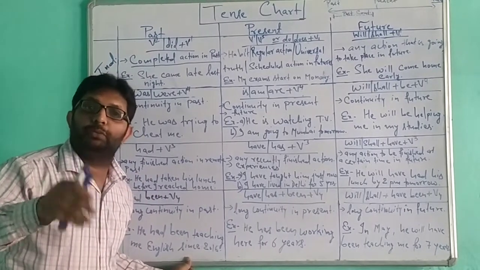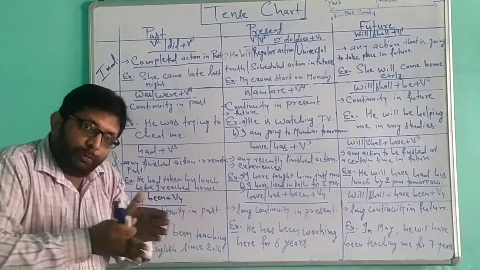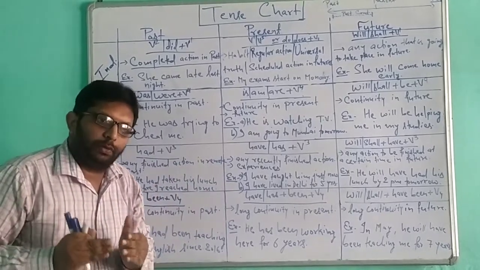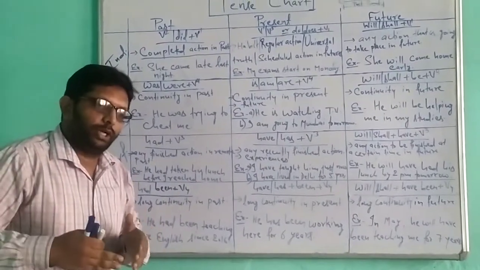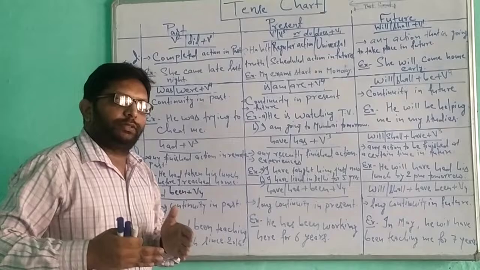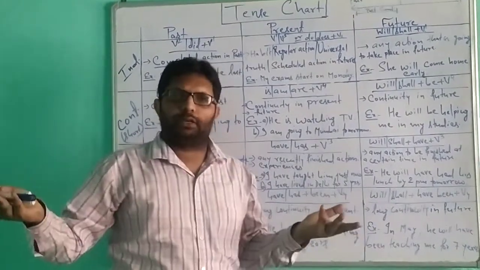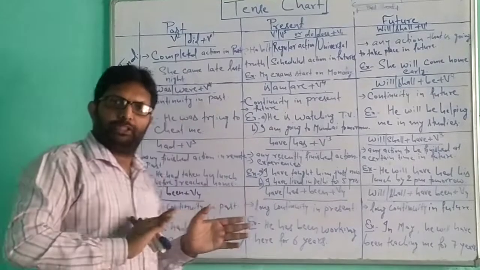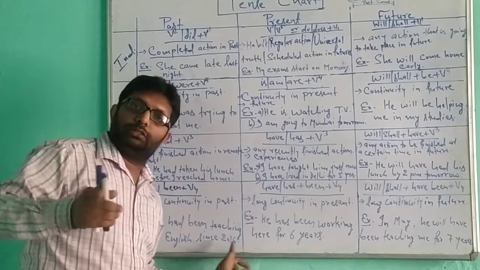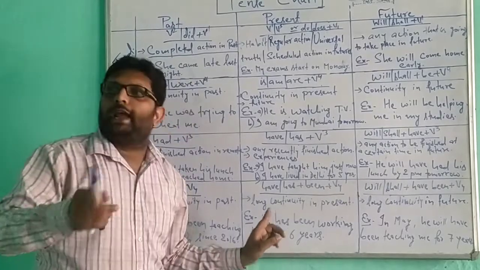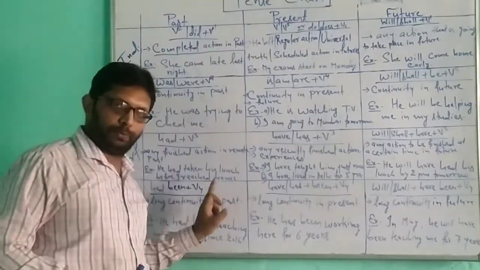It started in 16, but it completed before April 2020, at some time. The time has not been mentioned, but the teaching started in past and completed in past too. This is the long continuity, past perfect continuous.